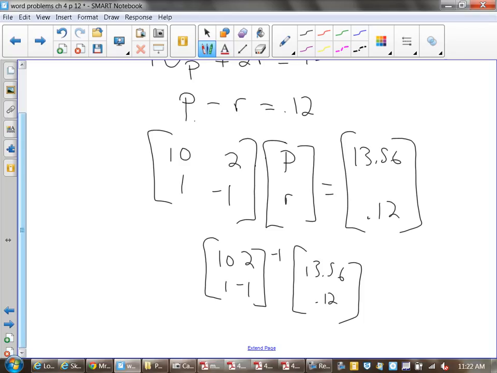So we write it up, put the inverse times that, and it's just straight multiplication. You put it right in your calculator just the way this is, and your answer, I think, was $1.15 and $1.03. $1.15 is very cheap. So regular gas was $1.03.